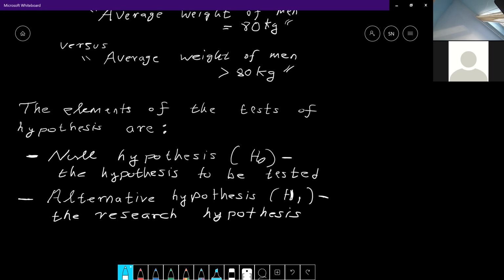All right, so those are the first two elements. The third element is known as the test statistic. It's denoted by the letter capital T, and it's a function of the data x1 to xn.